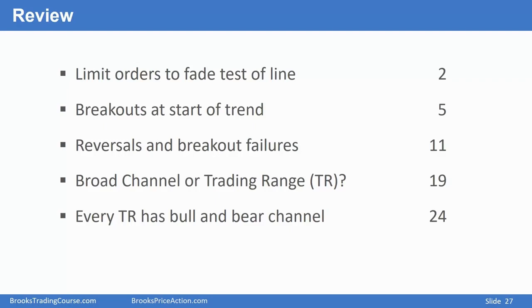You often cannot tell them apart because they often both coexist. Most broad channels spend a lot of time in trading ranges, and most trading ranges have broad bull and bear channels within them. And that's how I finished up talking about trading ranges containing both bull and bear trends. Every trading range, always 100% of the time, has an early bull trend and an early bear trend within it.